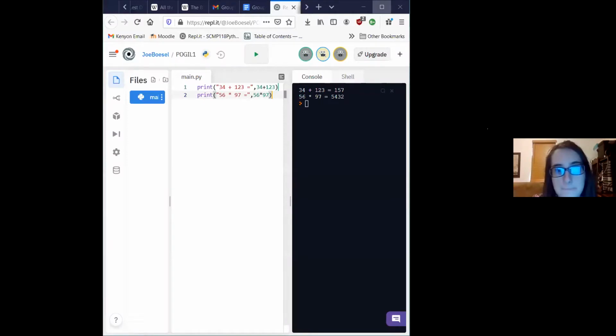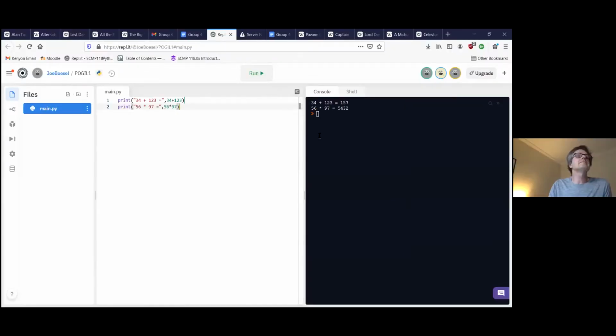Okay, very nice. Notice what that group did: they put the problem in quotes and then did the computation after the comma.